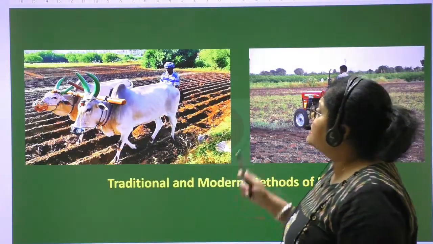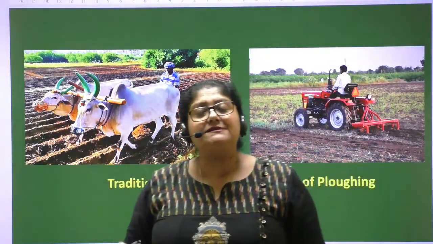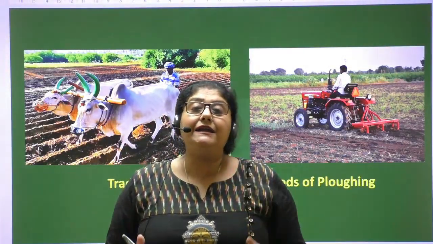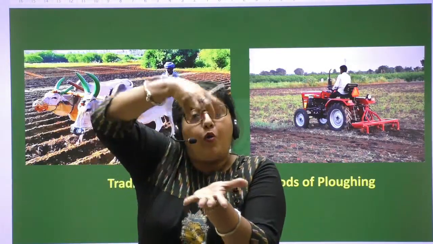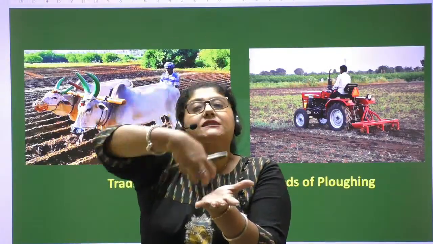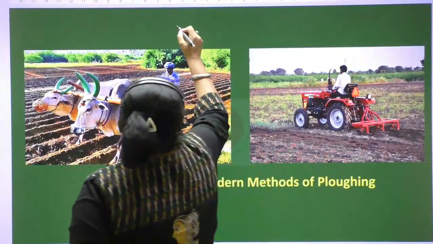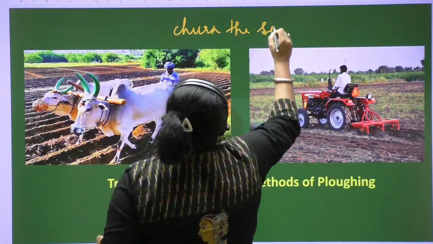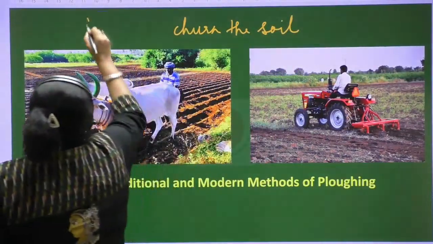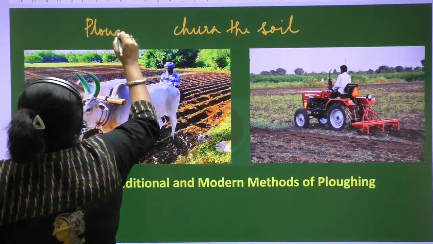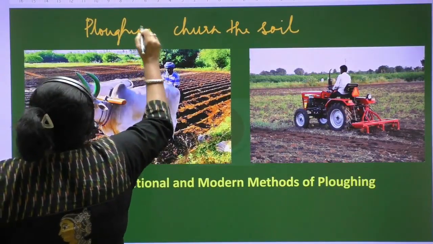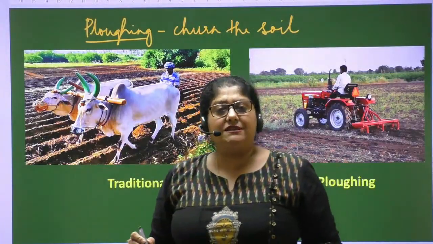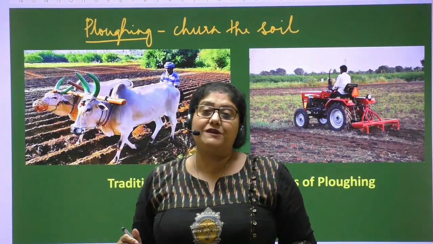So whether it is a tractor or a cow-driven traditional plow, the idea of a plow is to comb the soil, to churn the soil. So this is nothing but plowing. Plowing means churning the soil with the help of an instrument called a plow.